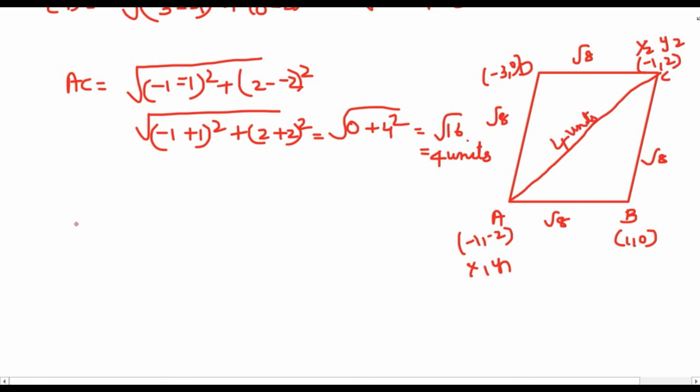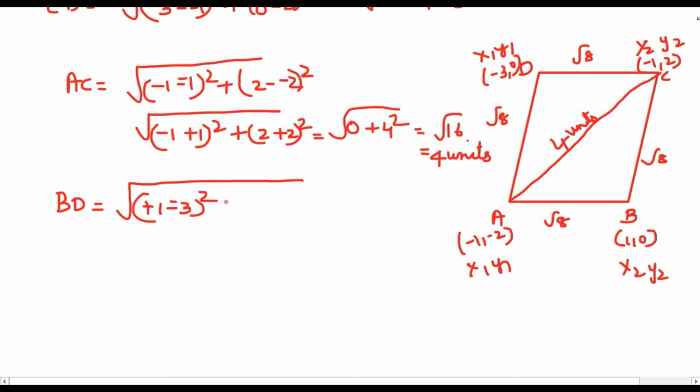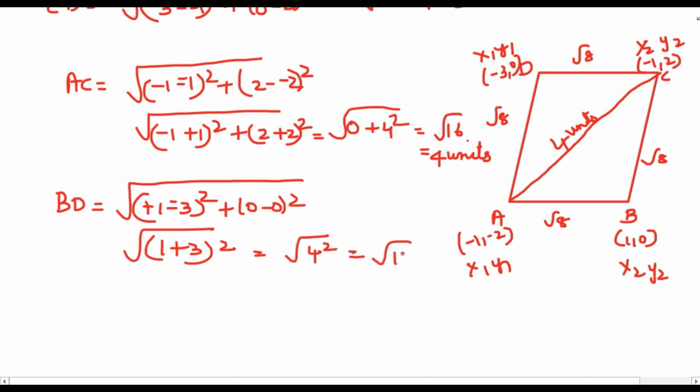Now I will find BD. If BD is also equal, then we can say that it is a square because all four sides and the diagonals are equal. In this case I will take this as x1, y1, this is x2, y2. So (1 minus 3) the whole square plus (0 minus 0) the whole square. So (1 plus 3) the whole square, square root, which is equal to square root of 4 square, 16, which is again 4 units.